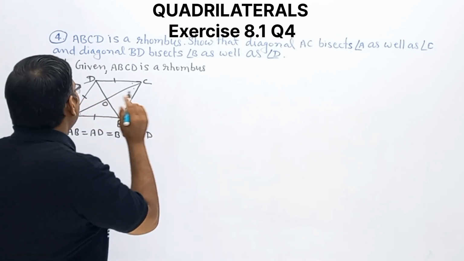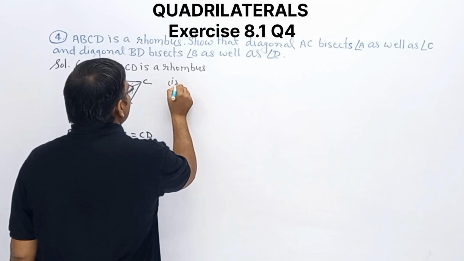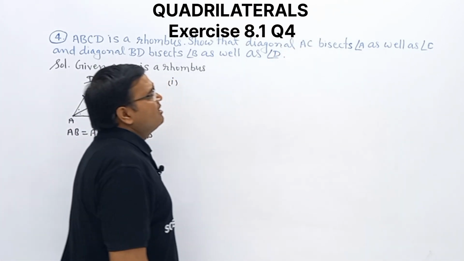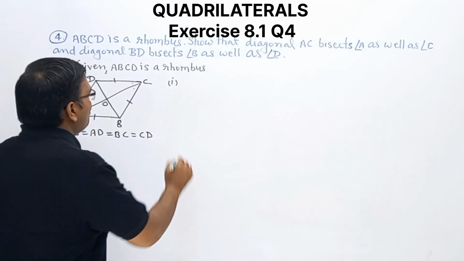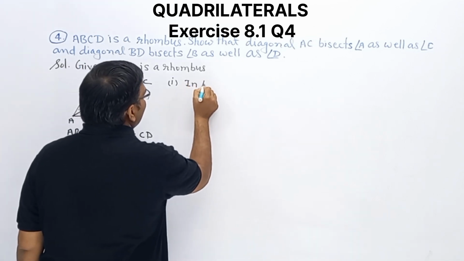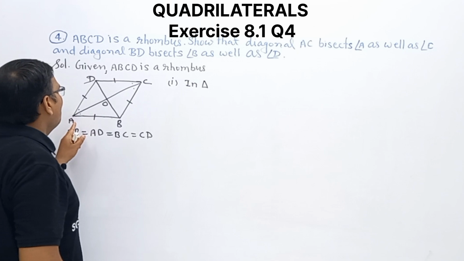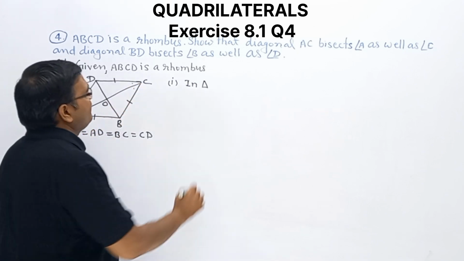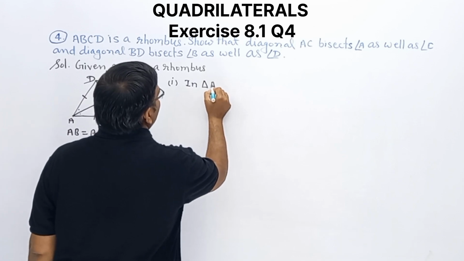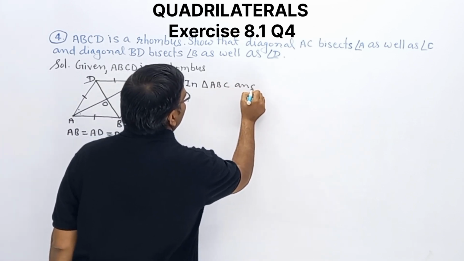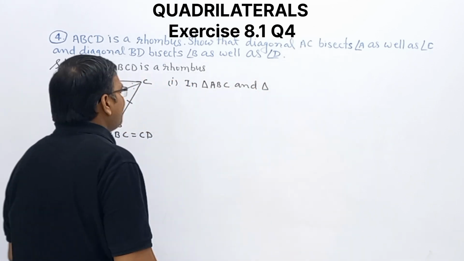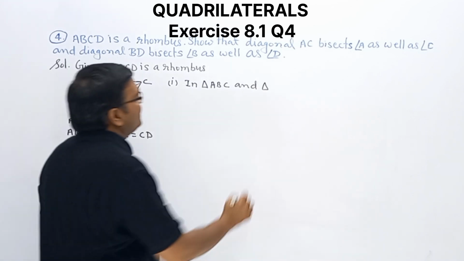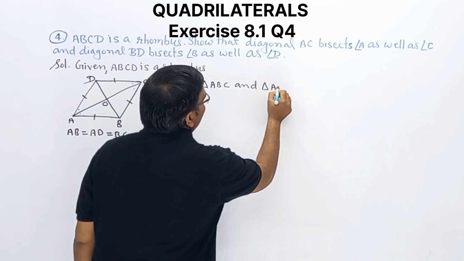Observe carefully. First, what we want to prove is that diagonal AC bisects angle A as well as angle C. So I am taking triangle ABC and triangle ADC.